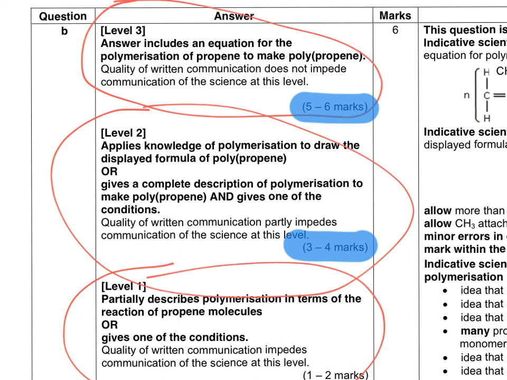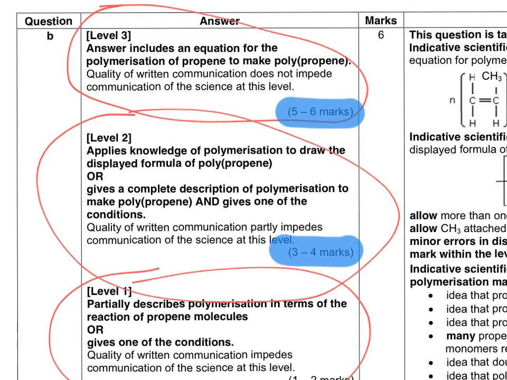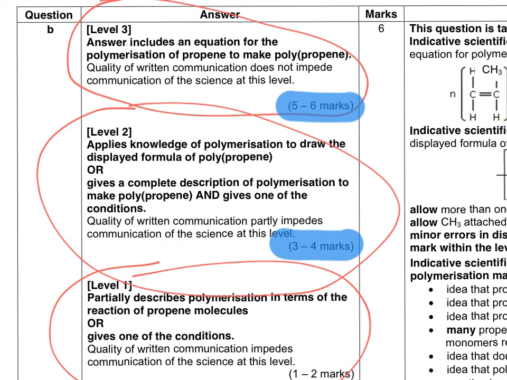So you need to apply knowledge of polymerization to draw the displayed formula of polypropene, or give a complete description of polymerization to make polypropene and give a condition. The extension bit for the level 3 answer includes an equation for the polymerization of propene to make polypropene.